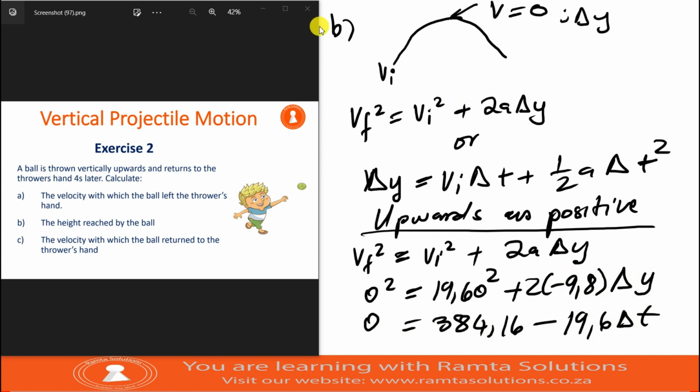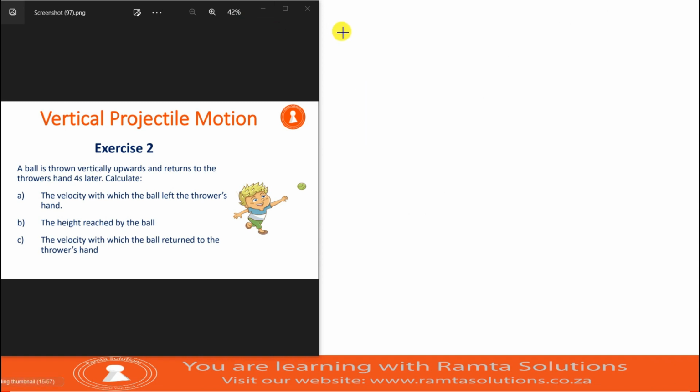Sorry, delta y, not delta t. Now we have 19.6 delta y equals 384.16, so this answer divided by 19.6.